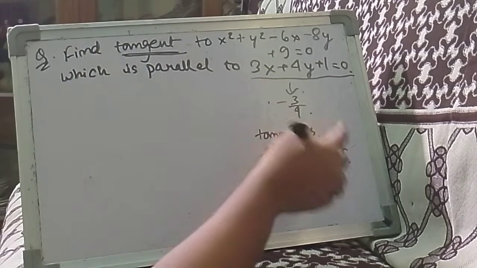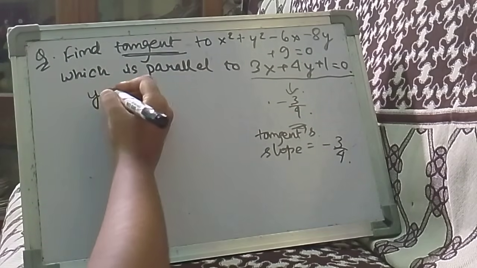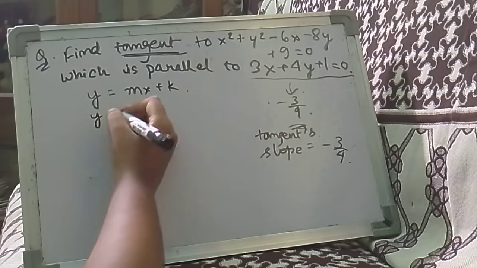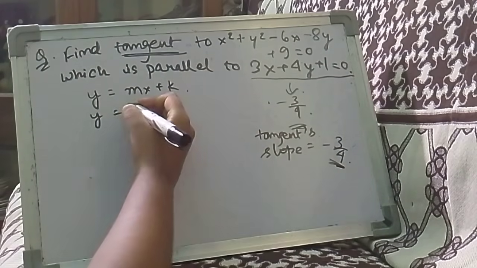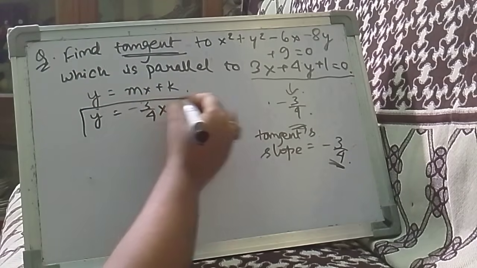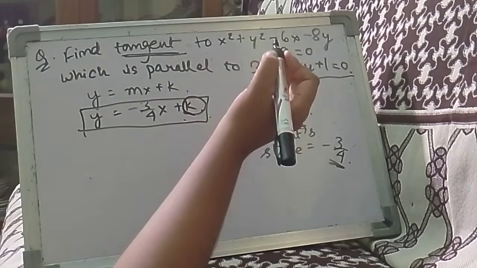So what will be the tangent's equation? Tangent's equation will be y equals to mx plus k, and the slope is minus 3 by 4, so y equals to minus 3 by 4x plus k. This is the tangent's equation. Now we have to find the value of k.